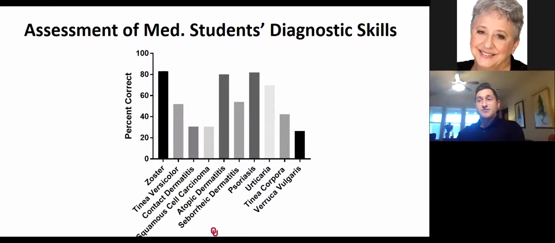The conditions least frequently correctly identified were verruca at 26.6%, contact derm at 30.5%, and squamous cell carcinoma also at 30.5%.